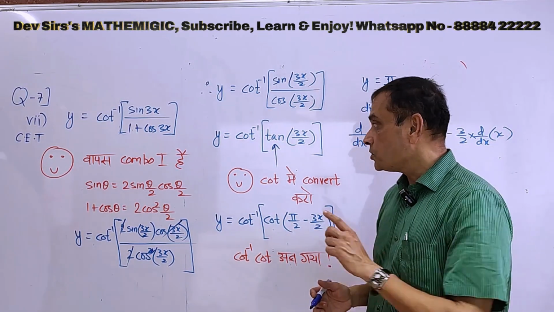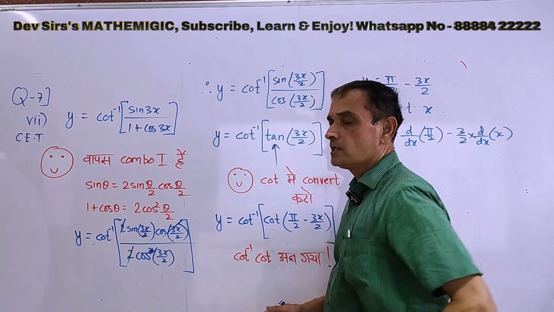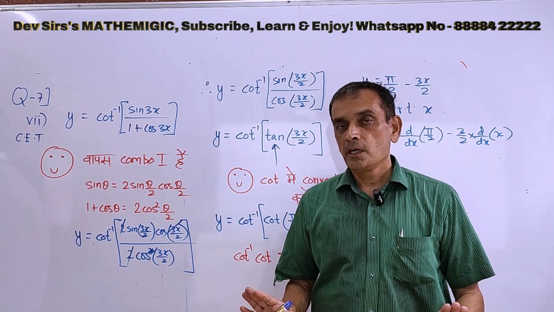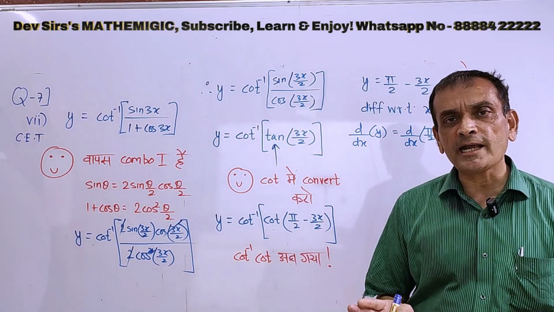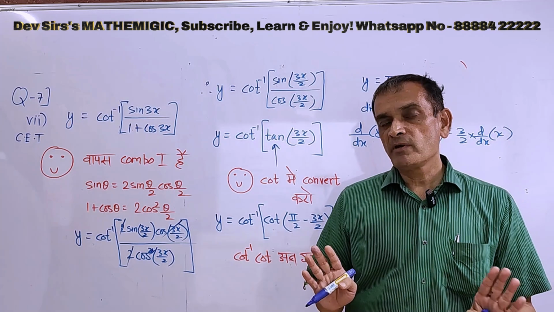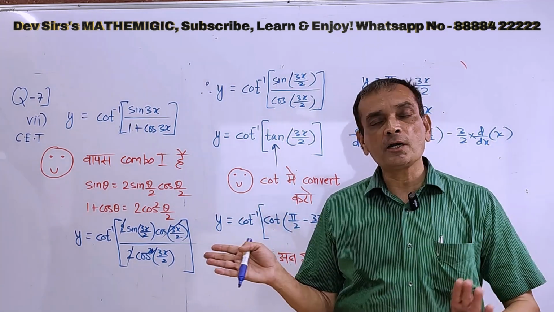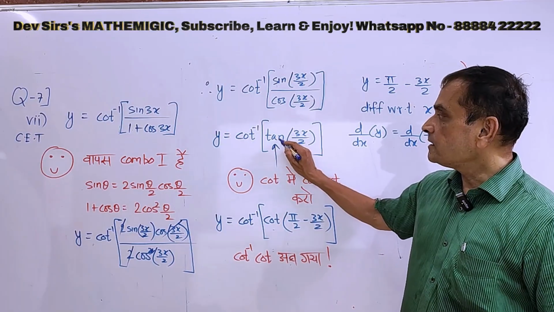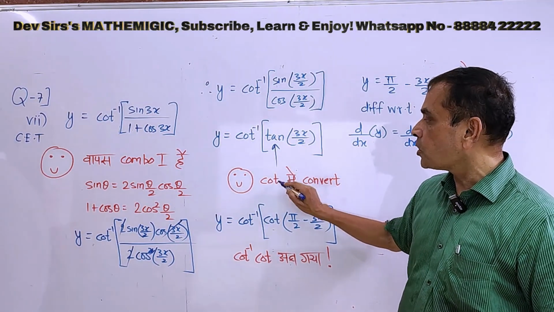Now friends, you have got cot inverse tan. They can't cancel each other. In the earlier problem we had got tan inverse cot, वो भी कैंसिल नहीं हो रहे थे. सो whenever we get cot inverse tan और tan inverse cot, क्या करते हैं? Convert this inner trigonometric ratio into cot.